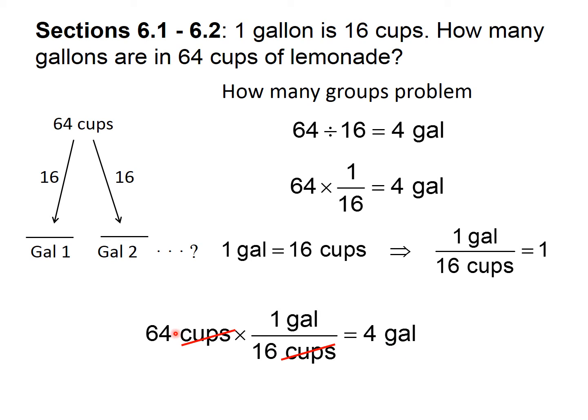We've got 64 times 1 over 16, which is the same as 64 divided by 16, and either way we think about it, we get 4 gallons. So here's another problem that really involved converting cups to gallons, and we did it by multiplying the original quantity by a fraction that equals 1 in such a way that our units cancel, leaving the units that we want.